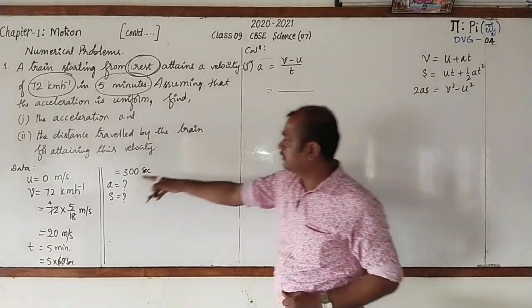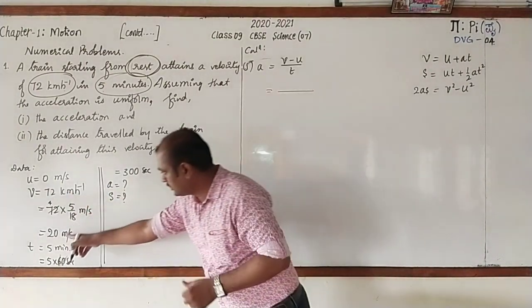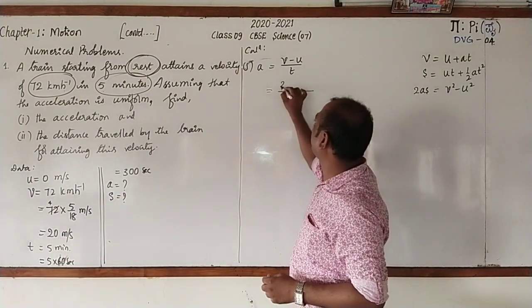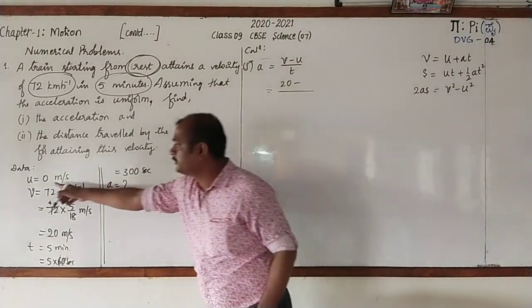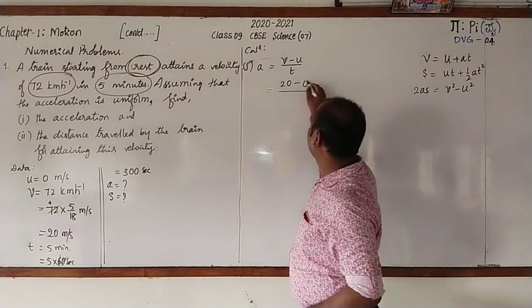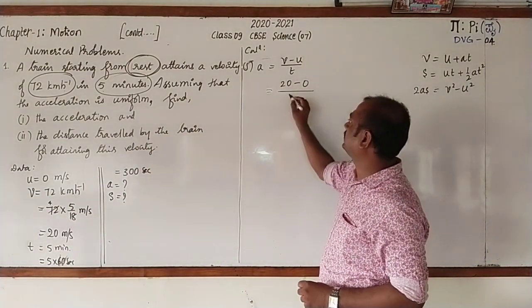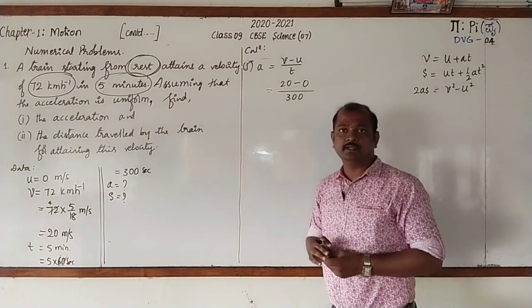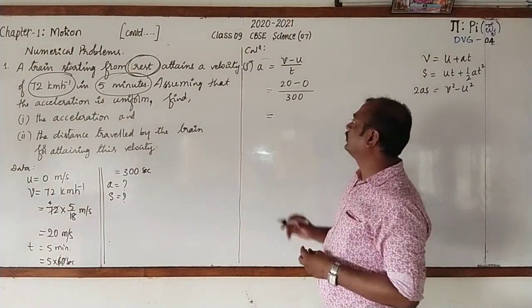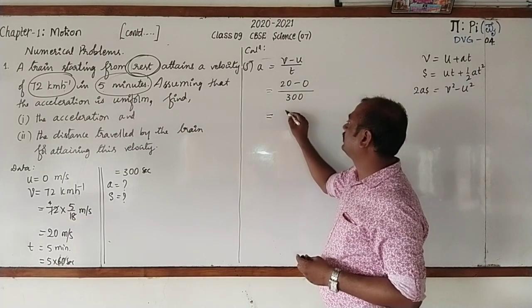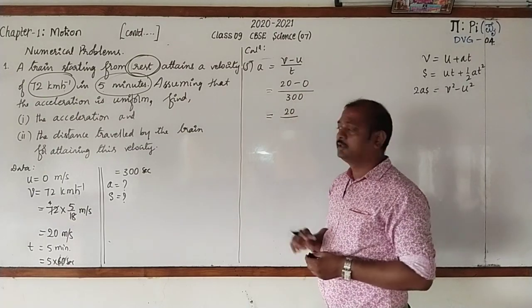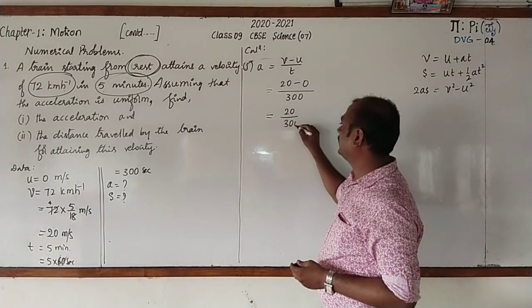What is V? V is 20 meter per second minus U is 0. What about the time? It is 5 minutes, which is nothing but 300 seconds. This is equal to 20 minus 0, 20 divided by 300.